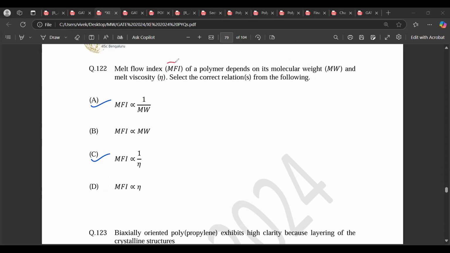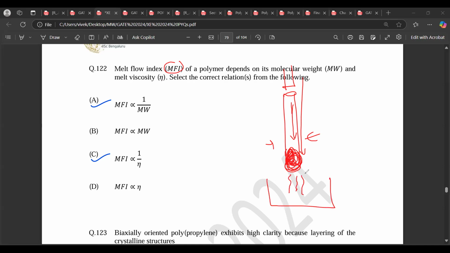So what is MFI? MFI is the melt flow index testing equipment. What we do is we use a plunger, and then we apply a force and push the polymer. Okay, we heat it and make it melt, and then we push it at standard conditions, standard load, and we have a container here, and molten polymer starts coming here. We have a stopwatch, and the moment we start collecting the molten polymer, we start the stopwatch.